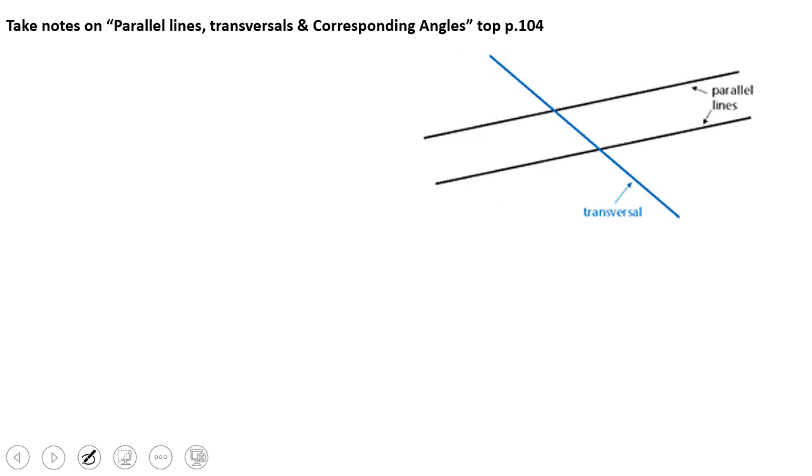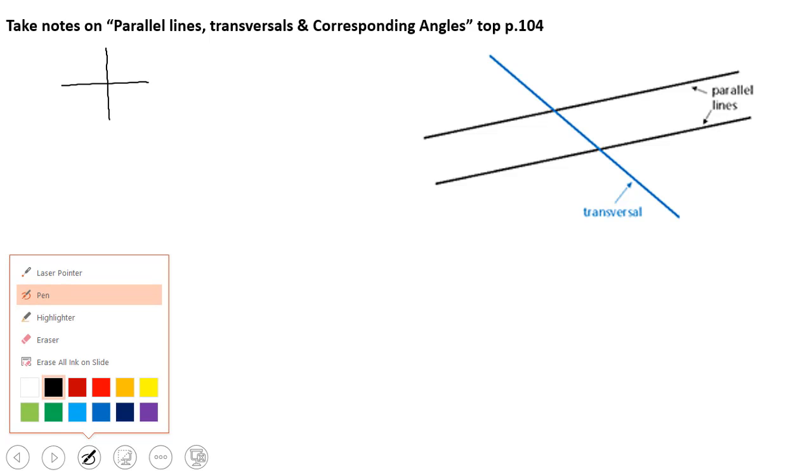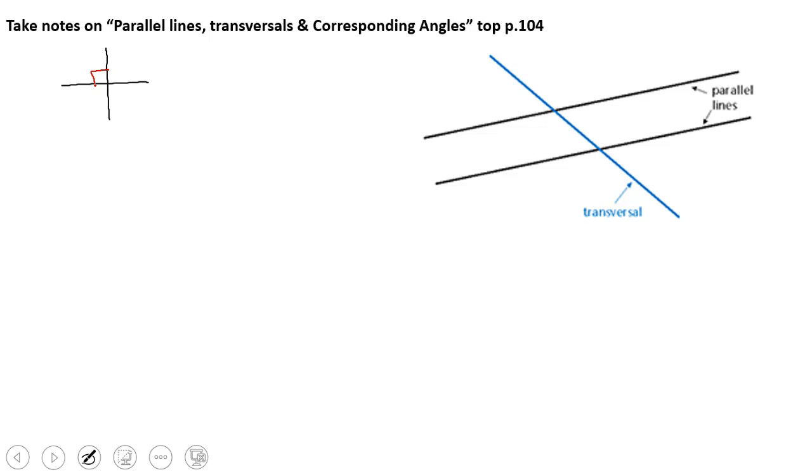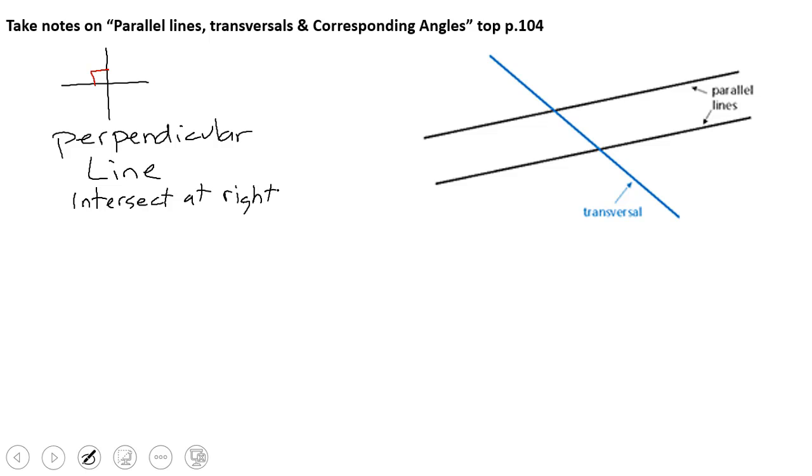You've taken some notes, like the first set of notes you took on perpendicular lines. Two lines that intersect to form right angles we call perpendicular. Right?